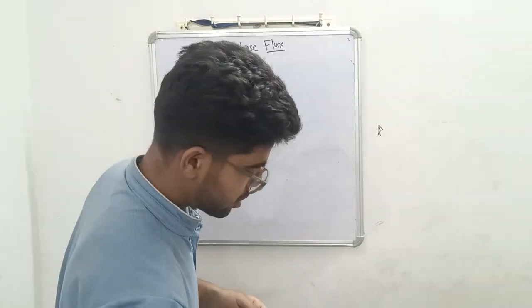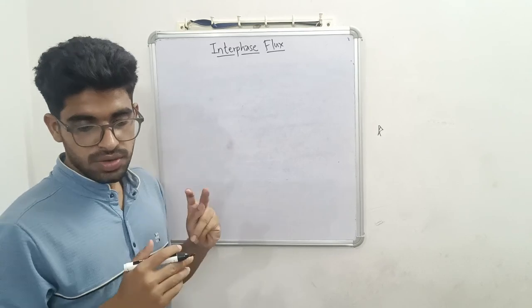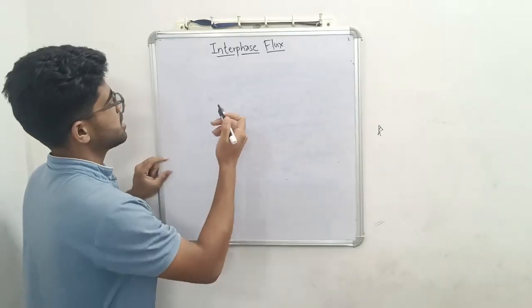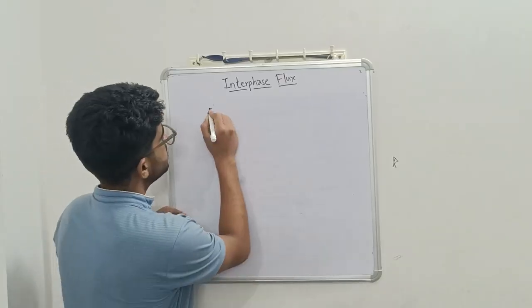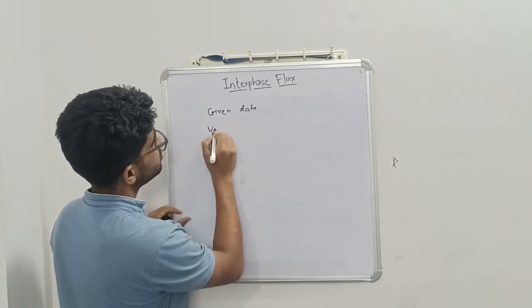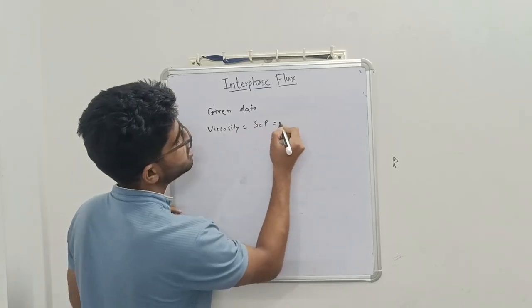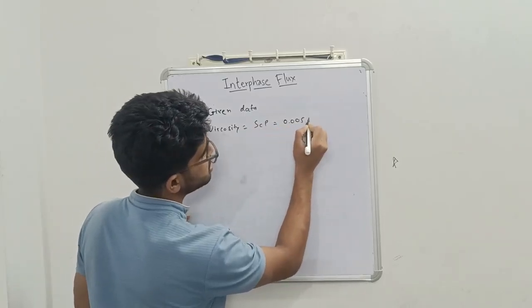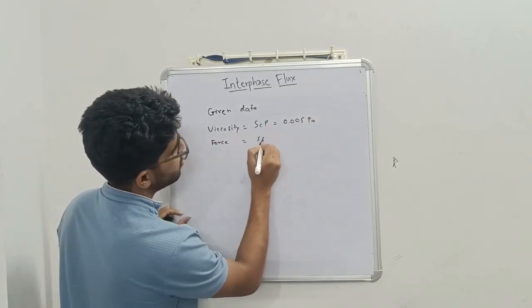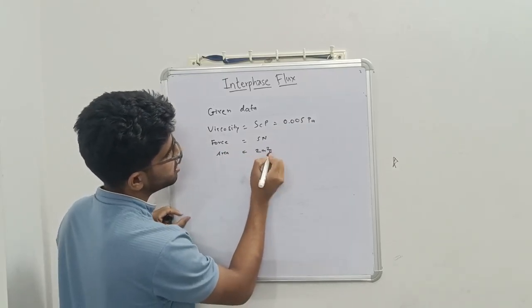Basically, the given data for this question we are taking from the previous question as same. So here we have to find the new velocity for the plate. So given data is our new viscosity, which is 5 centipoise, which is equal to 0.005 Pascal second, and our force is 5 Newton, where area is same as previous question, which is 2 meters square.